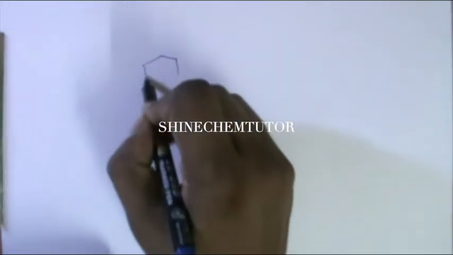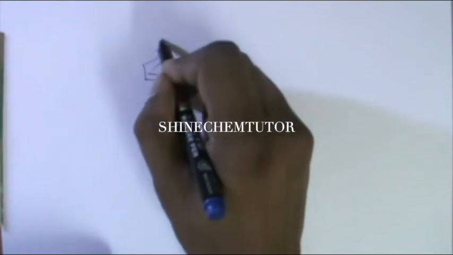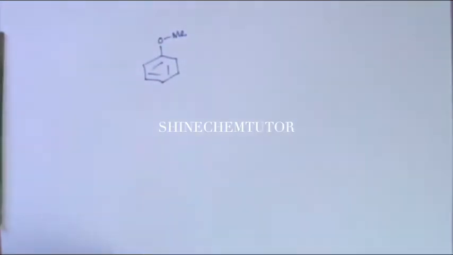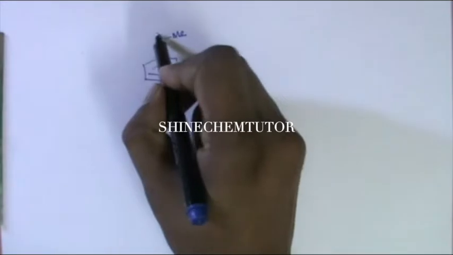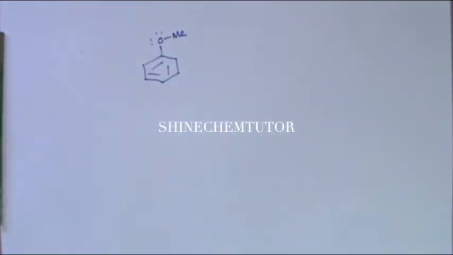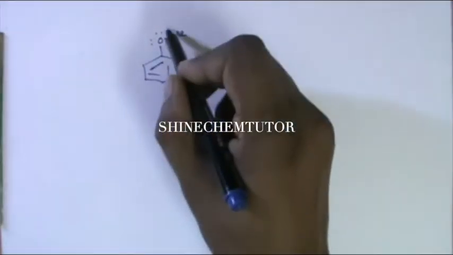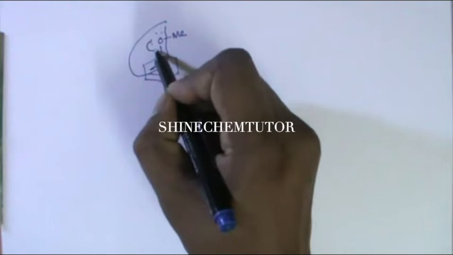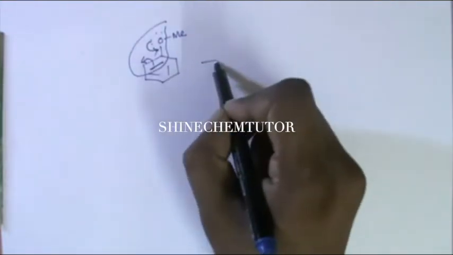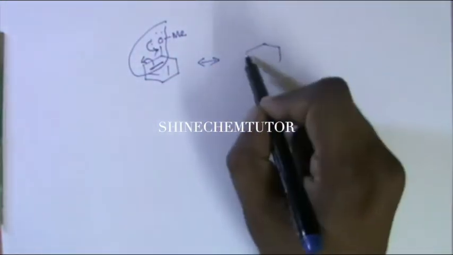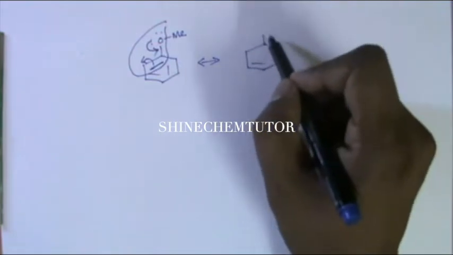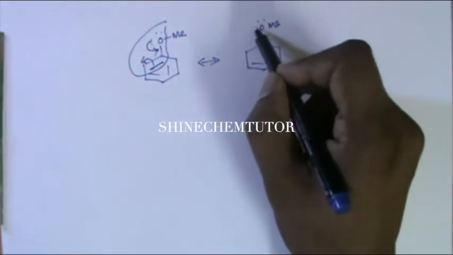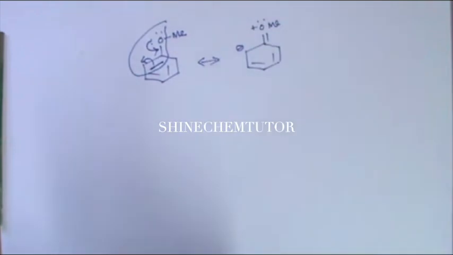Let me go to another substrate, anisole. It has two lone pairs of electrons. If you look at this system, it is vinyl methyl ether. Now this lone pair can come here. So what we get is a minus charge like this.